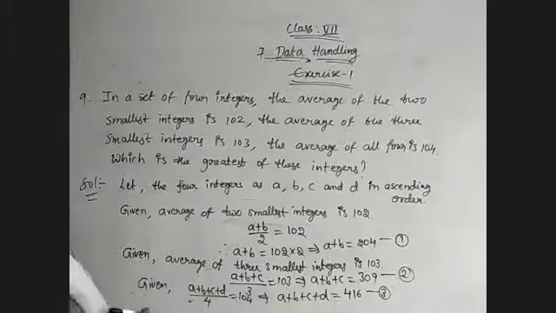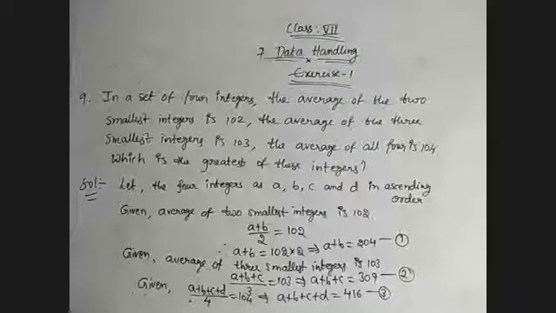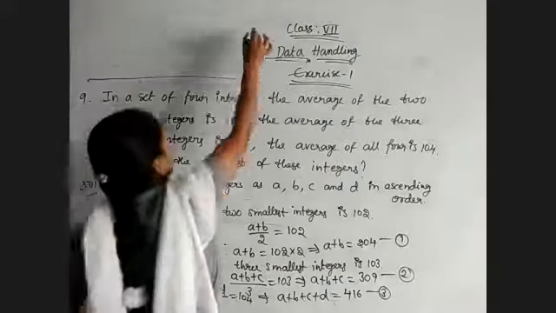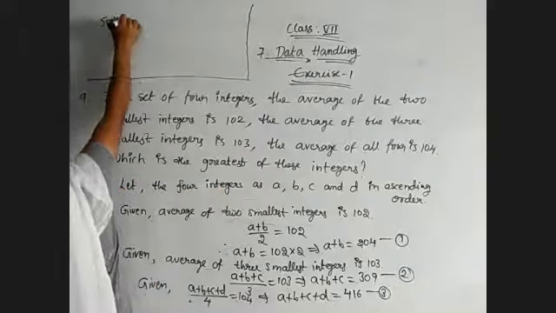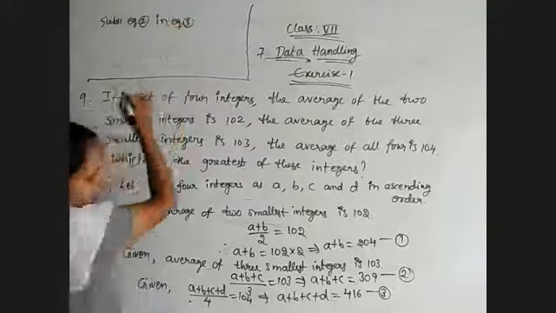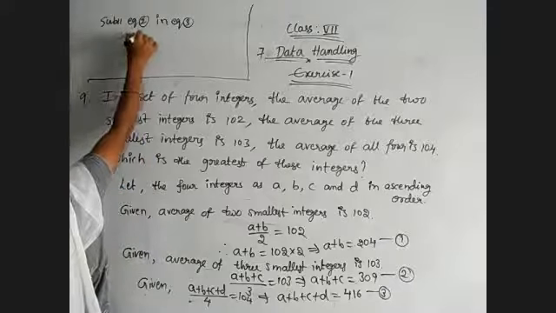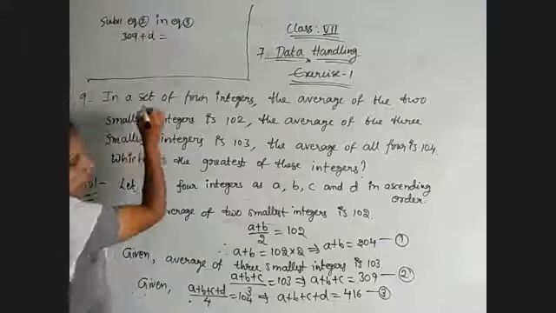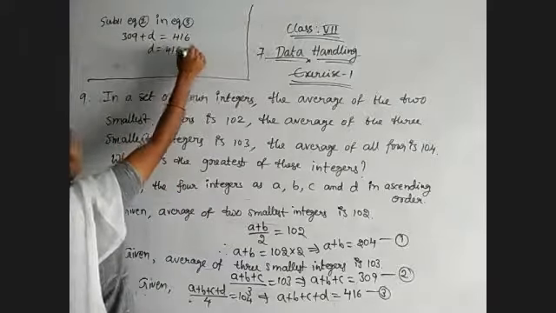Here I am substituting equation 2 in equation 3. So what will you get? A plus B plus C value is 309, plus D is equal to 416. So D will be equal to 416 minus 309.